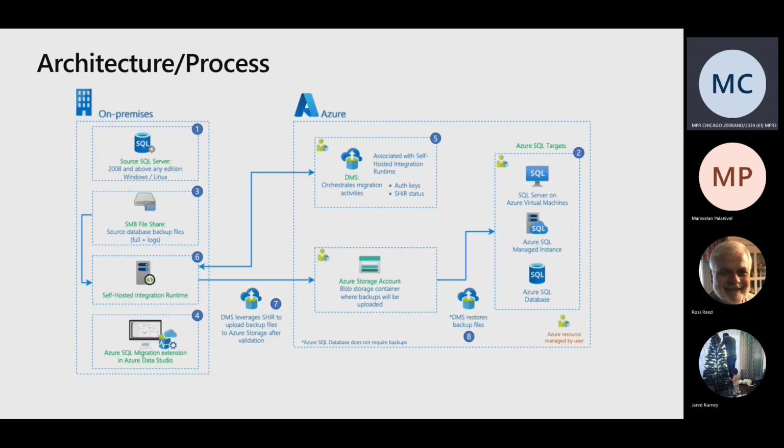So this is the architecture and the process, right? And again, I'm not going to go too deep into this, but what we're doing is we're specifying a source for our databases that we want to assess and migrate. We're going to tell it where those backups are located for those servers. You can use an existing file share, or you can create a new one.